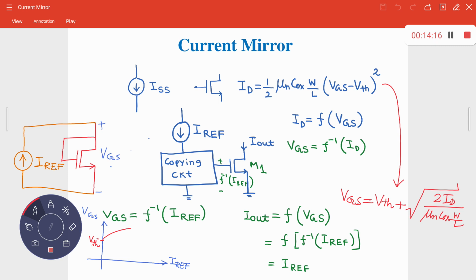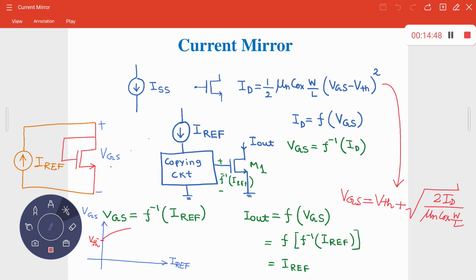So the variation of this red one, this function, is VGS equal to VTH plus square root of twice ID upon mu n C ox W over L. So I am representing this gate source voltage as a function of your drain current.